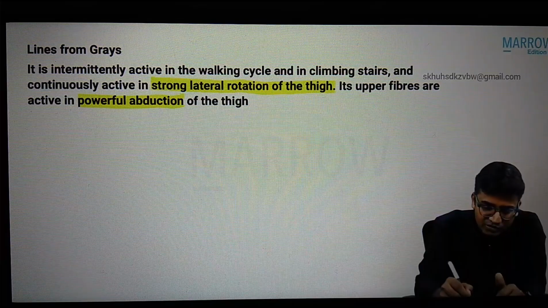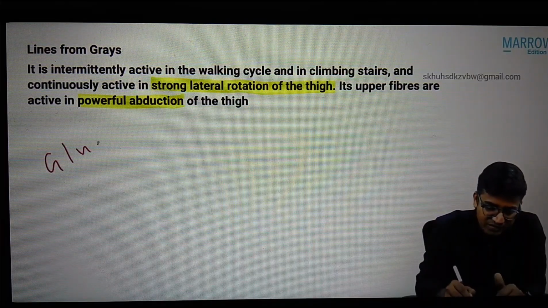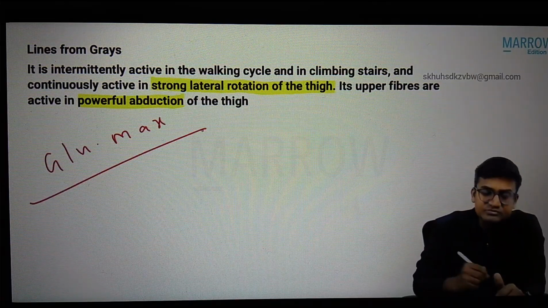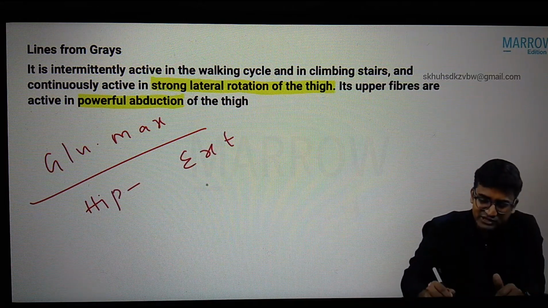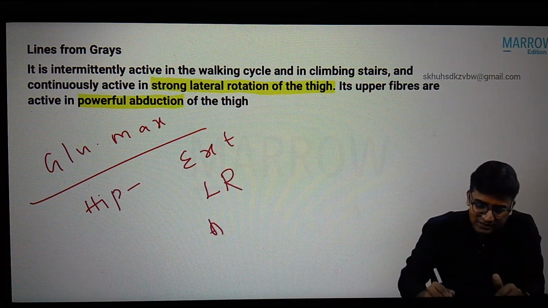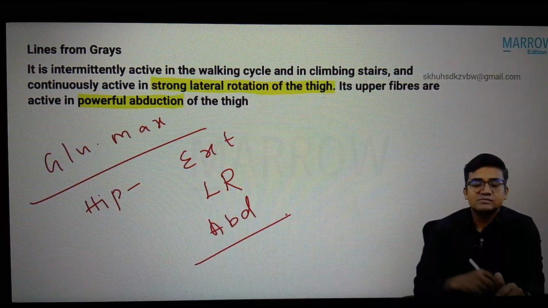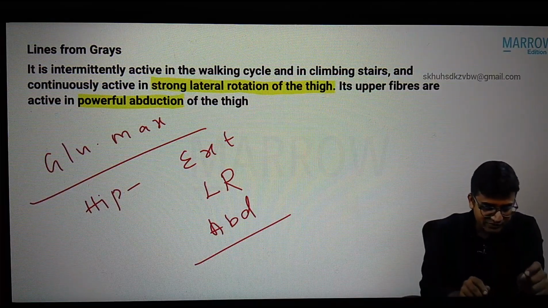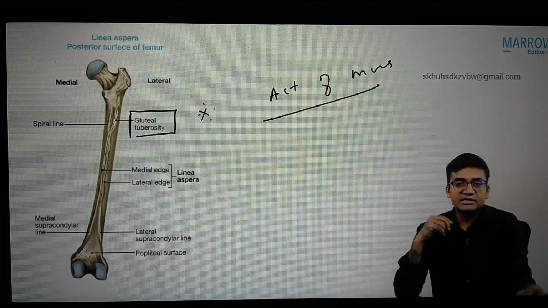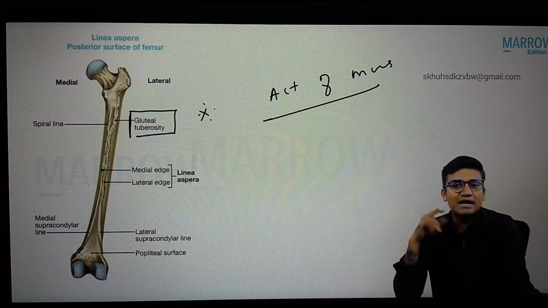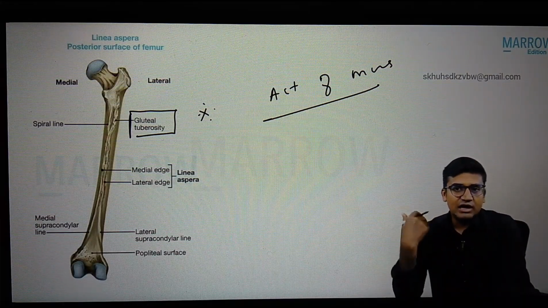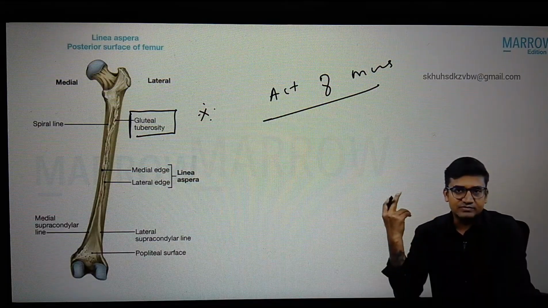So please remember, the gluteus maximus muscle has 3 actions. What are those? At the level of the hip joint, hip extension, lateral rotation, and abduction. And this is the question they gave 3 times in the AIIMS and NEET PG exam. What is the action of the muscle attached to the marked area? Extension, abduction, and lateral rotation.